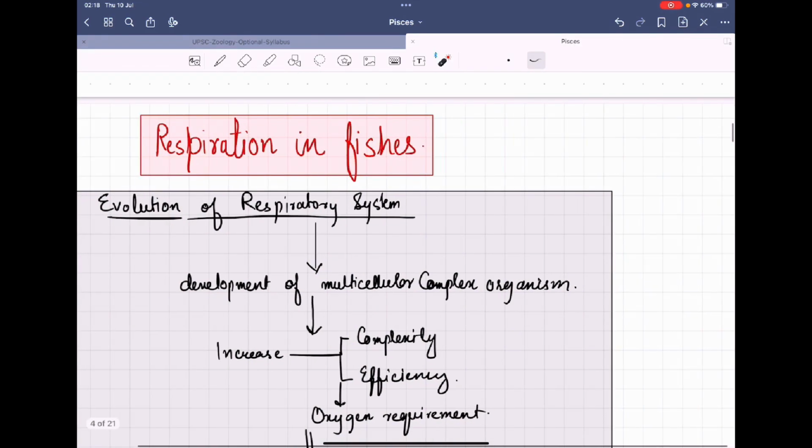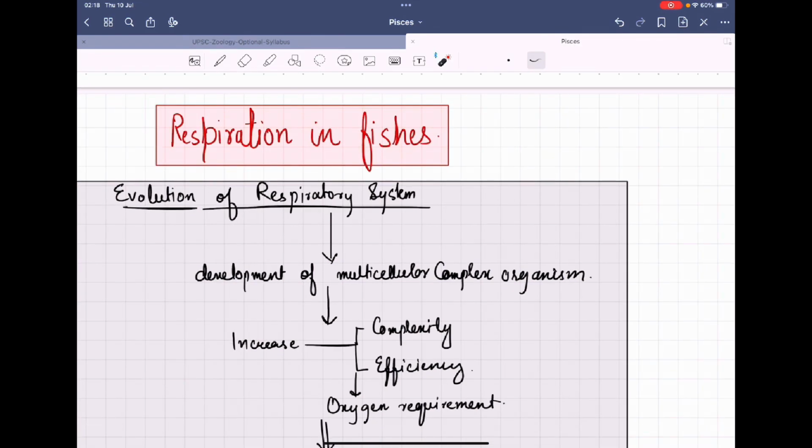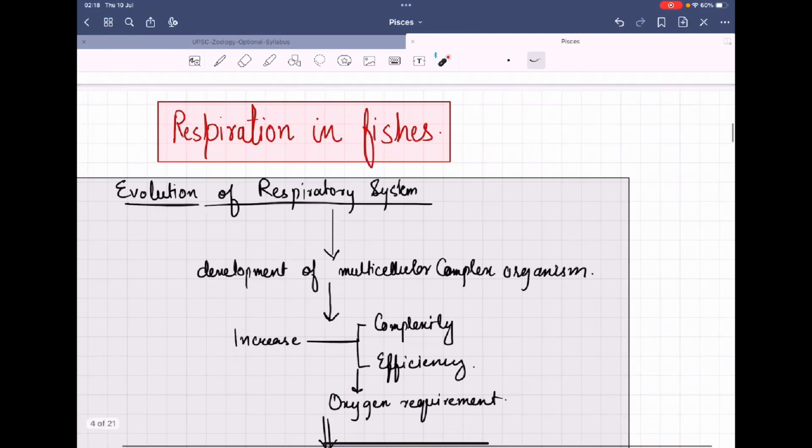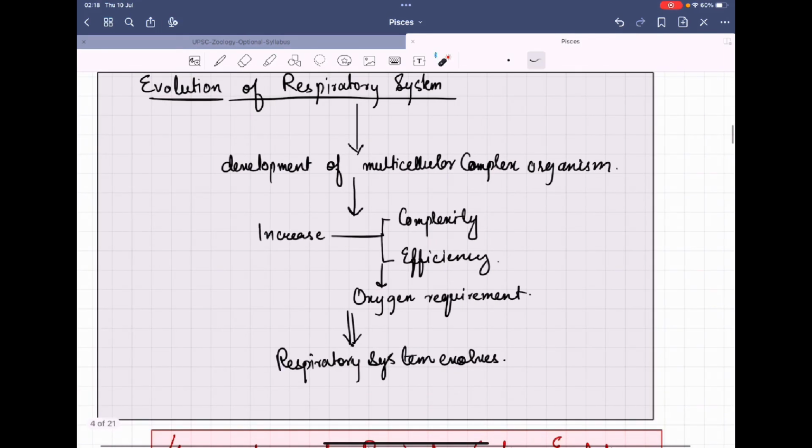So respiration in fishes has evolved in a manner to accommodate the growing need of oxygen in the body. There was an evolution of the respiratory system such that there was development of multicellular complex organisms with time, as the hierarchy and the evolution kept on happening.